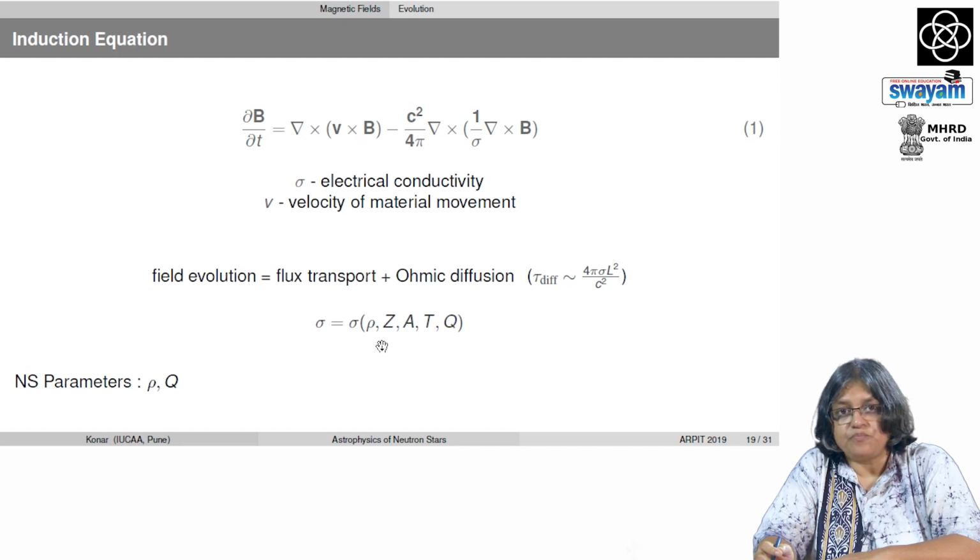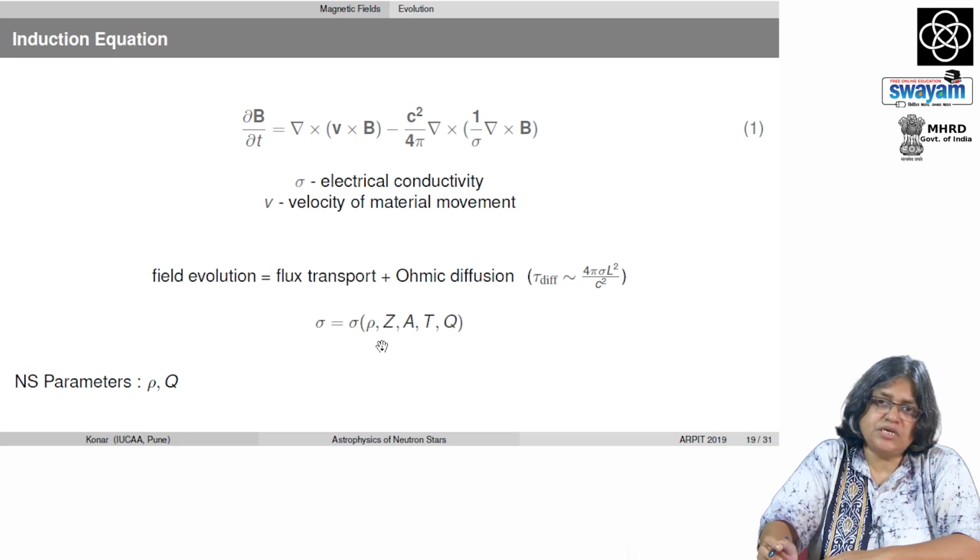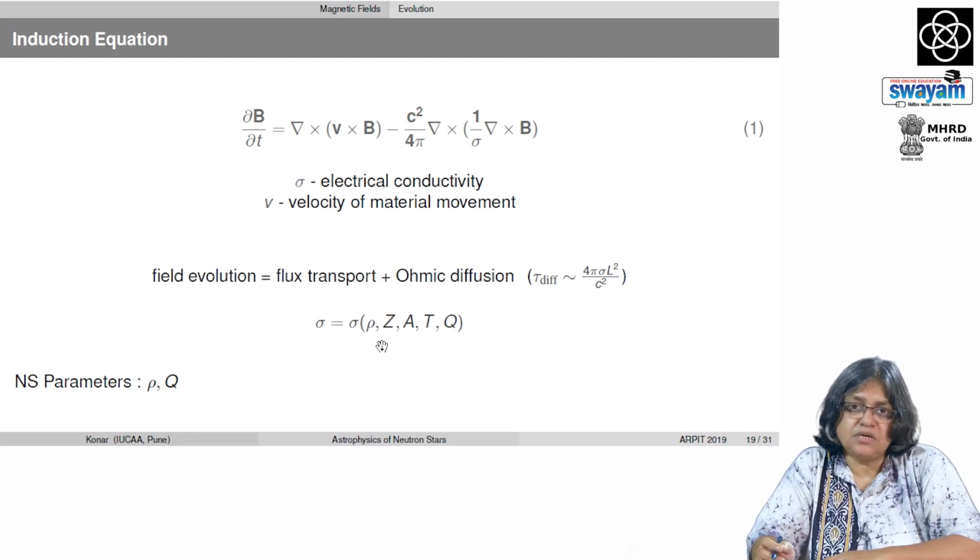So, therefore, magnetic field dissipation is very small in isolated neutron star, except under certain special conditions, and we would see what happens in other situations.